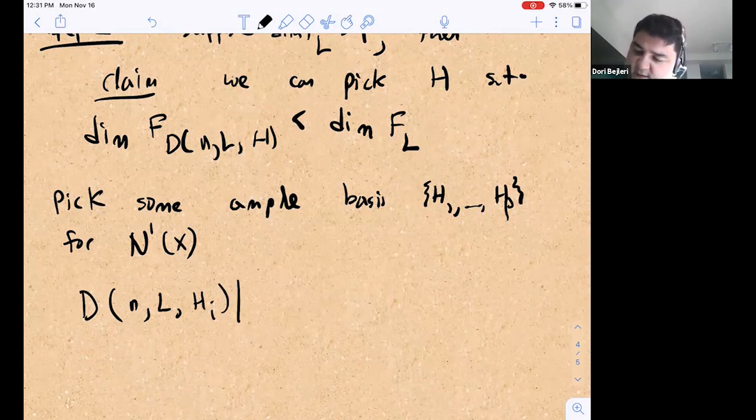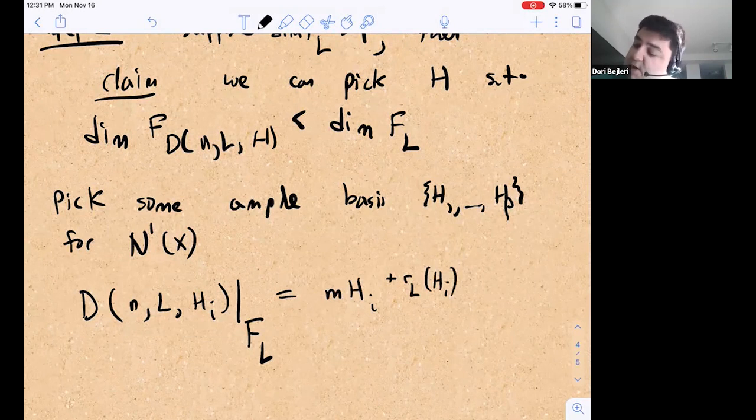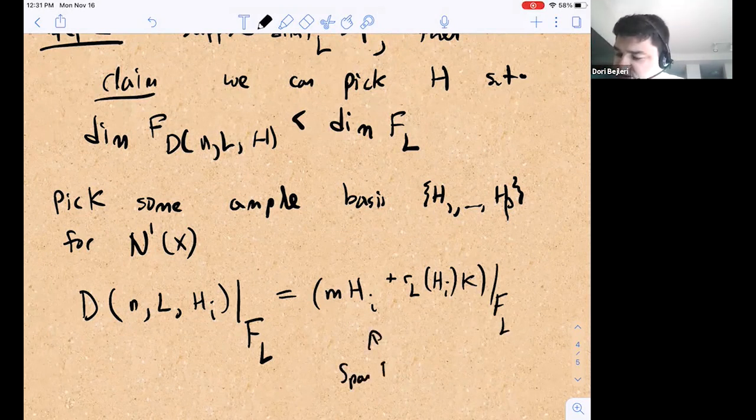Then when we look at these as functions on FL, well, on FL, L is 0, so these as functions are just the same as the restrictions of MHI plus RL of HI K restricted to this face. And whatever they are, they give us some functions that are in the dual of the span of FL. So we have this face, it spans some linear subspace, and whatever these functions are, there's some functions in the dual.